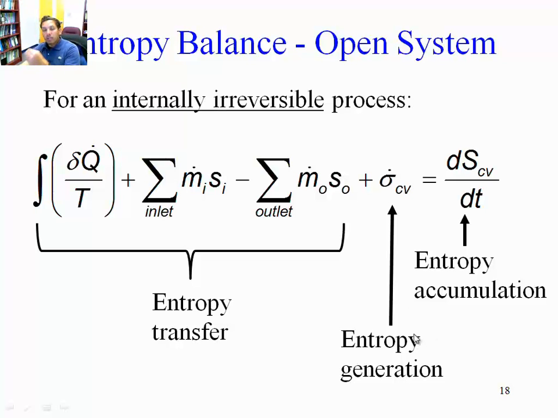That could be considered the entropy production within the control volume, produced because of internal irreversibilities. It is equal to the change of entropy in the control volume as a function of time, the entropy accumulation or storage. This is the transient term. For a steady state process, the right hand side goes to 0. And basically what we're left with is entropy transfer and entropy production or generation. So the balance of entropy for an open system is identical.